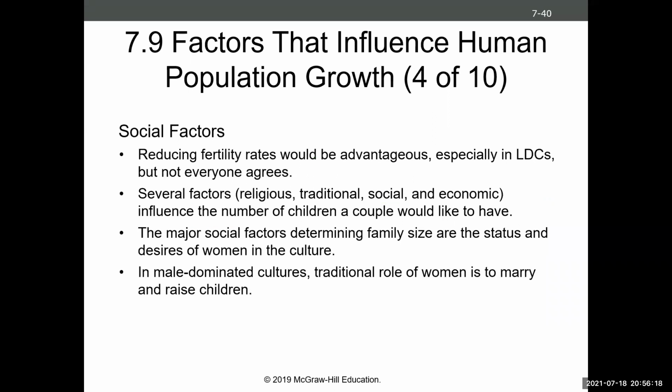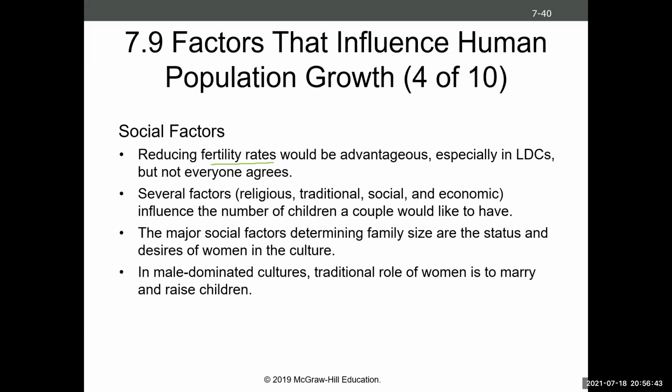Social factors are things like reducing fertility rates. But then you have cultural beliefs, like religious beliefs and traditional beliefs that influence how many kids or offspring a couple would have.